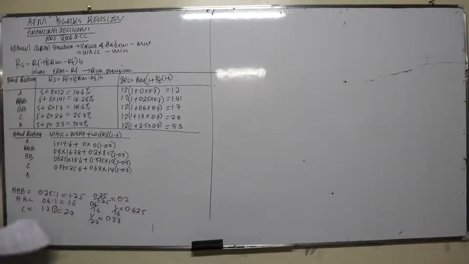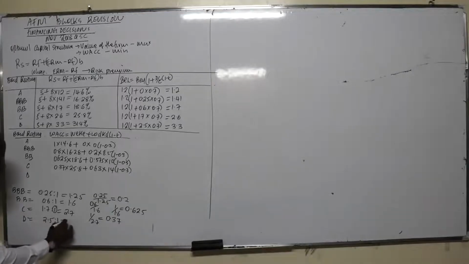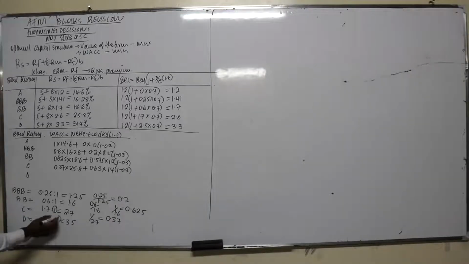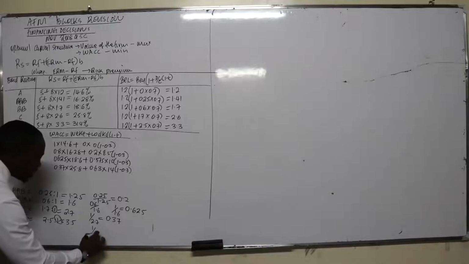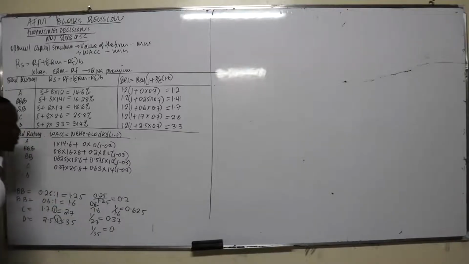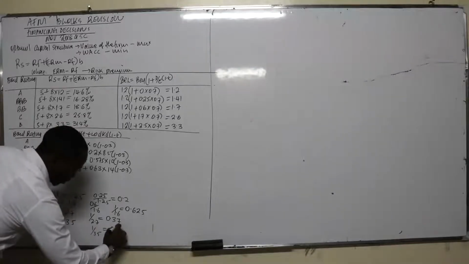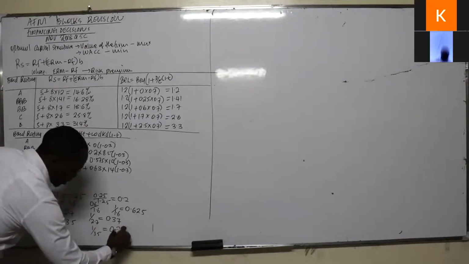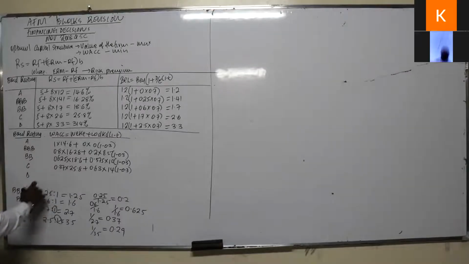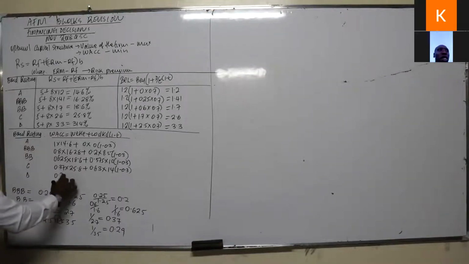Lastly, D. For D, the debt to equity ratio is 2.5. That means the debt is 2.5 times the equity, so it's 2.5 is to 1. So the total is 3.5. To get the equity, you just take 1 divided by 3.5. You get 0.29. So the weight of the equity is 0.29.